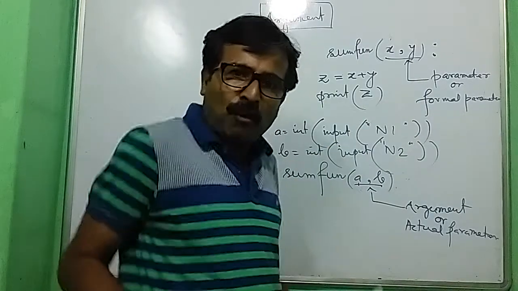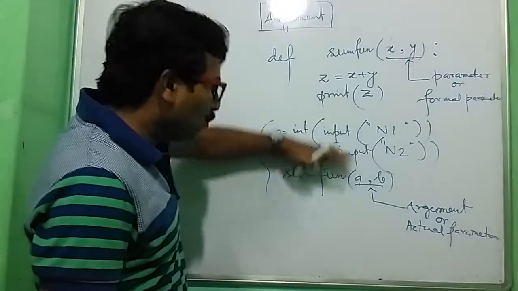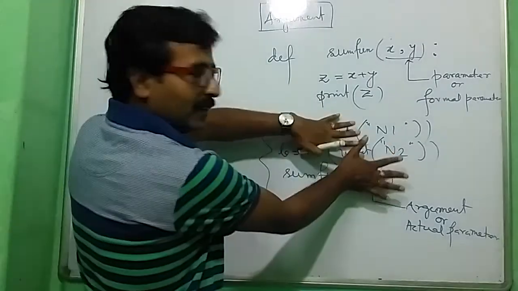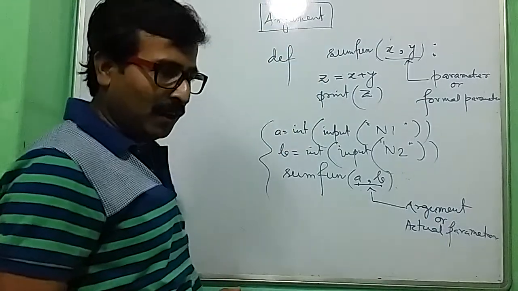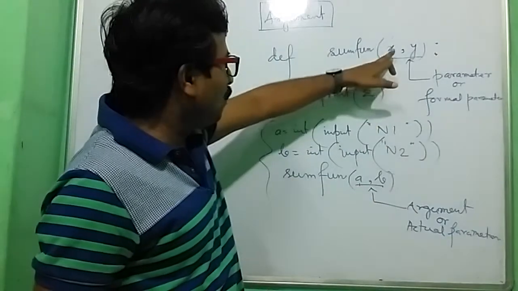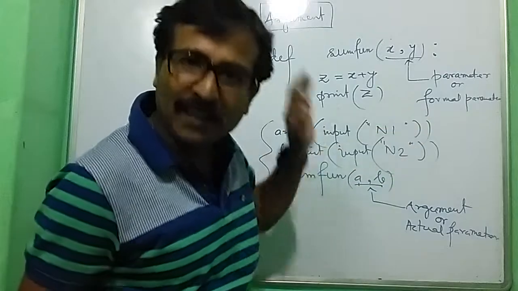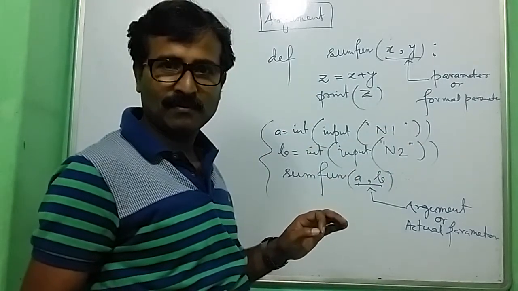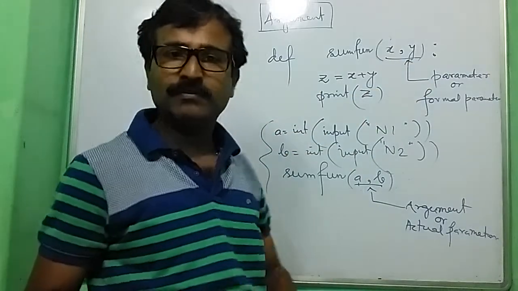Now why formal and why actual? Can you imagine, suppose I do not call this, suppose this part is not there, I have only this part. Now can you think this way, that if you do not call this, will the variables x and y have any value?